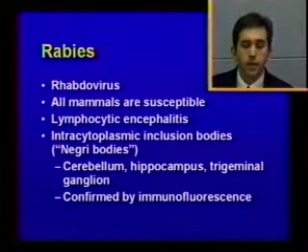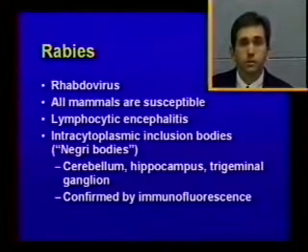The Negri body is an inclusion body or a viral accumulation within the cytoplasm of neurons.